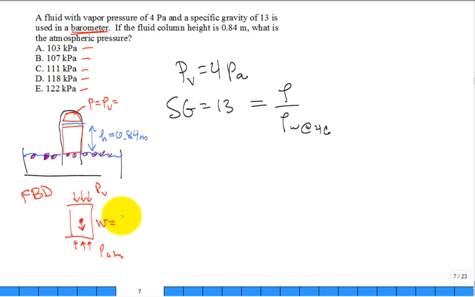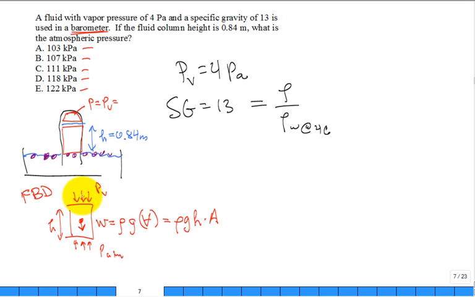Okay, so what is my weight? It'll be rho of the fluid, G times the volume, rho G H times the area. I'm just going to leave it as area. Okay?